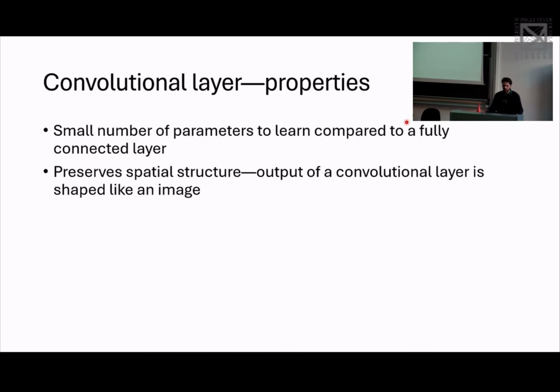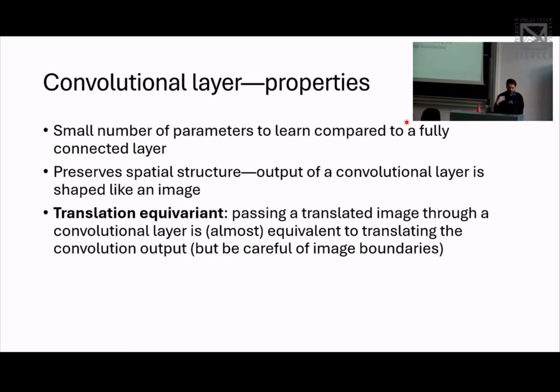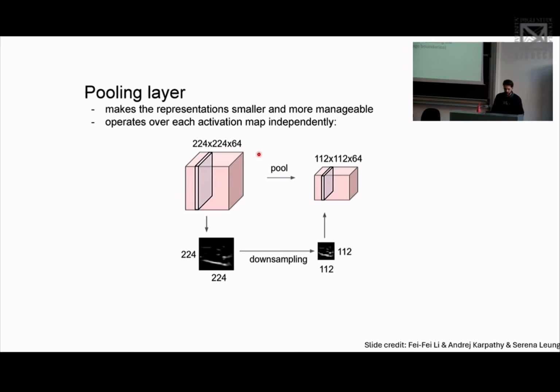The properties of the convolutional layers are that you learn a very small number of parameters compared to a fully connected layer. They preserve the spatial structure. The output of a convolutional layer is still shaped like its input. I said multiple times that passing a translated image to a convolutional layer is almost equivalent to translating the convolution output, while being careful of the boundaries.